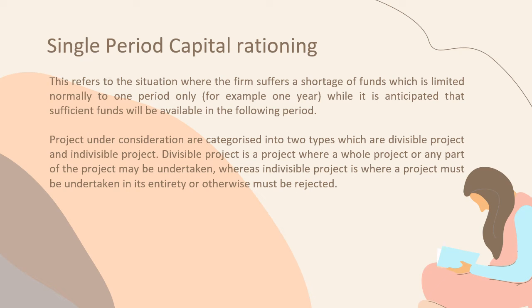So if the company is facing capital rationing, how do we choose which projects to take? Okay, we cover it under single period capital rationing. This refers to the situation where the firm suffers a shortage of funds which is limited normally to one period only, meaning that maybe the limitation is only for this year, but for the coming year sufficient funds will be available.